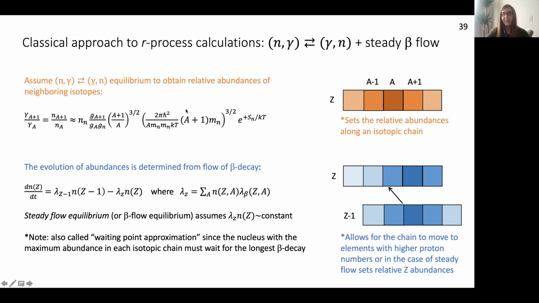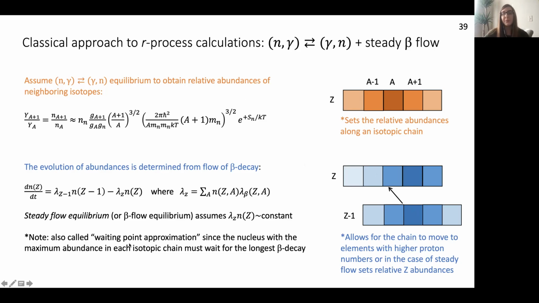So this is going to set your relative abundances, and then this is going to tell you how it moves from one proton number to the next. Or if you assume steady flow, this gives you the relative abundances along an isotopic chain, and this gives you the relative abundances along a given neutron number, okay?